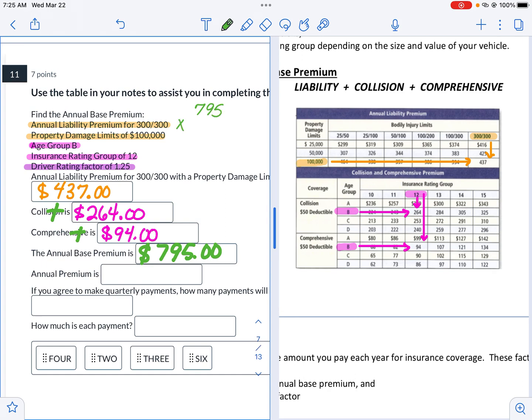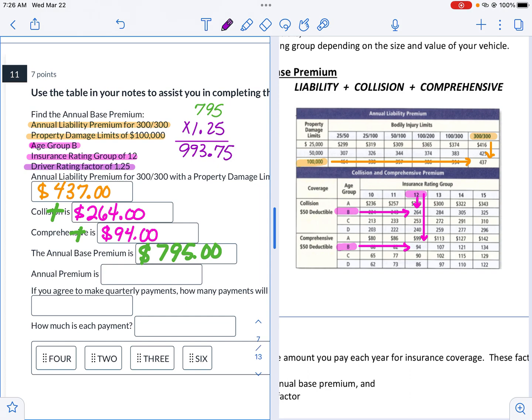We're going to multiply it by 1.25. And so we're going to take 795 times 1.25, and we're going to get $993.75.